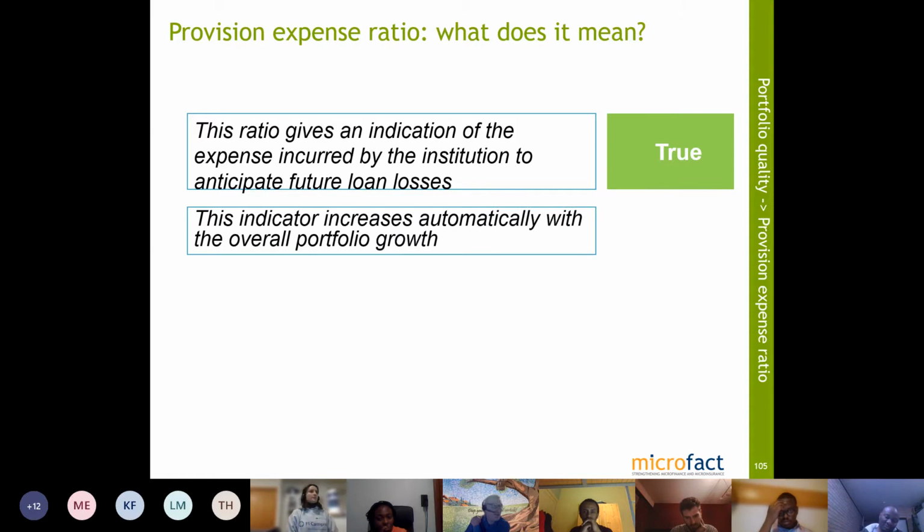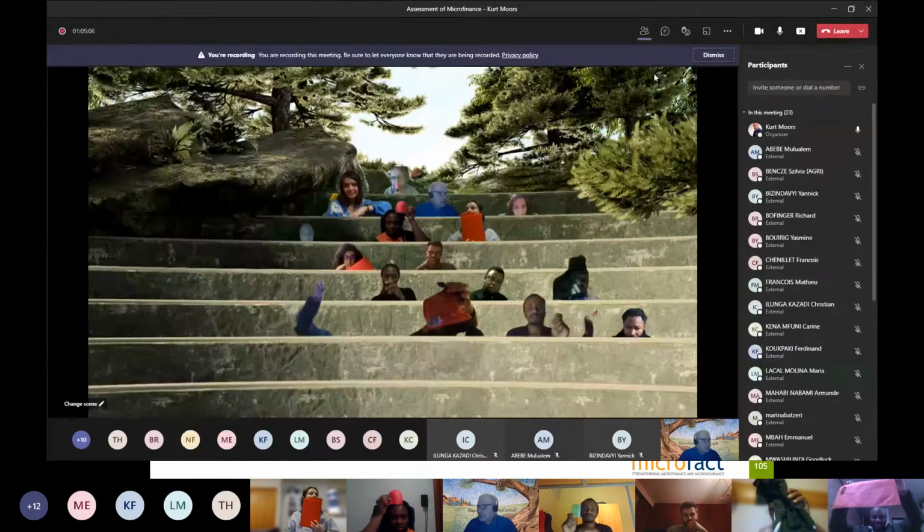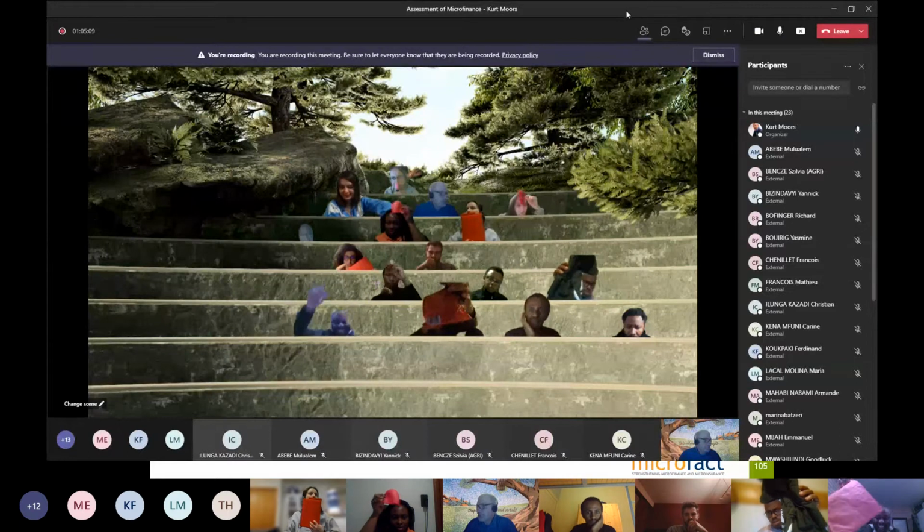It increases automatically with the overall portfolio growth, the indicator. Will it increase automatically? I see different colors now, red and green. Even more red.